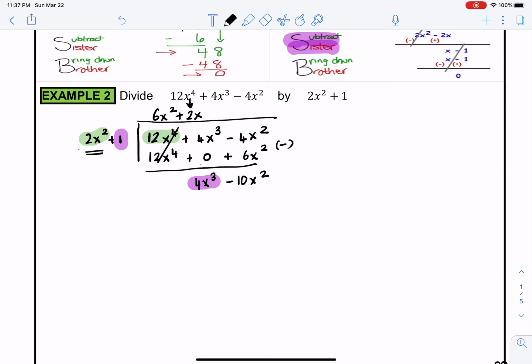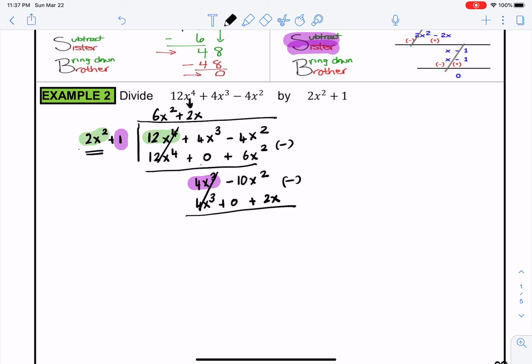That would be 2x, because 2x squared times 2x is 4x cubed. And 2x times 1 is 2x, and there is no x term here, so I'm going to put a 0 and then write 2x. We subtract again, those two terms would go away.